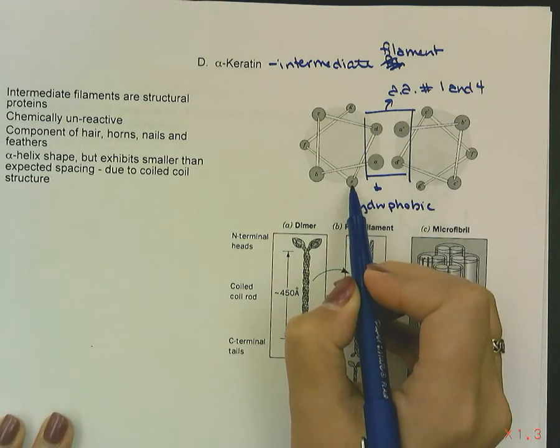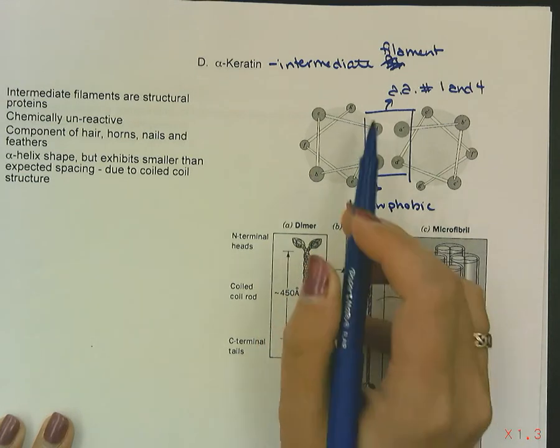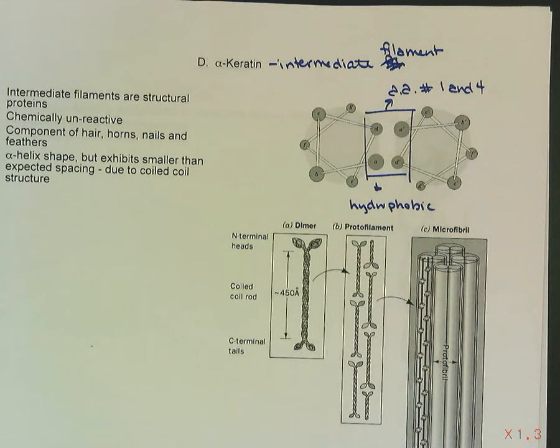So then what about my 2, 3, 5, 6, 7 amino acids? Hydrophobic, hydrophilic. Philic.